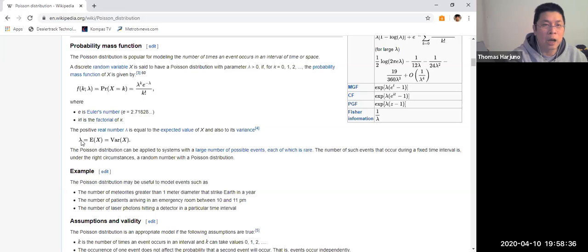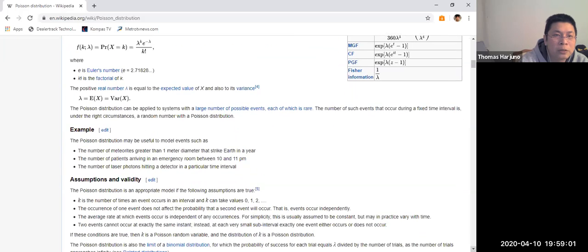The lambda, the average, is the expected value, which is the same as the variance. So if you have a situation where the expected value and the variance are very close to each other, then we suspect that the underlying distribution could be a Poisson distribution.